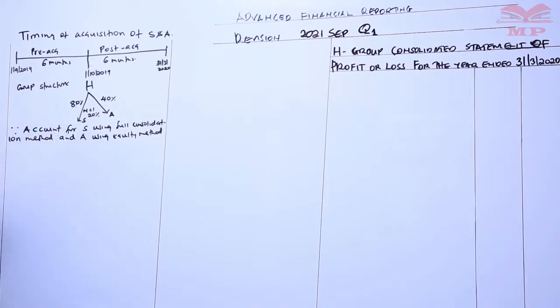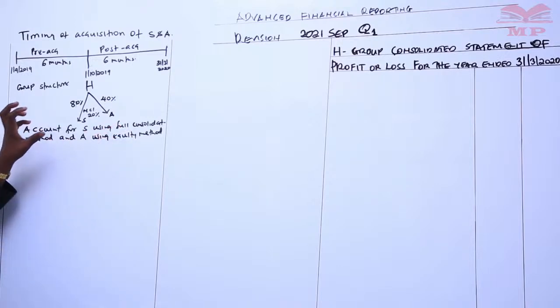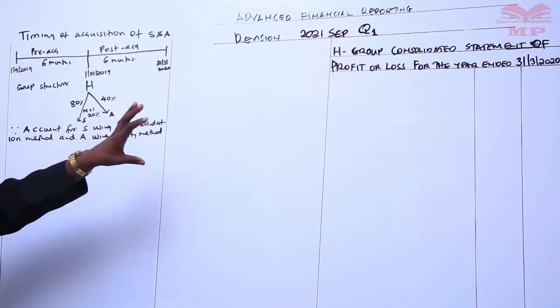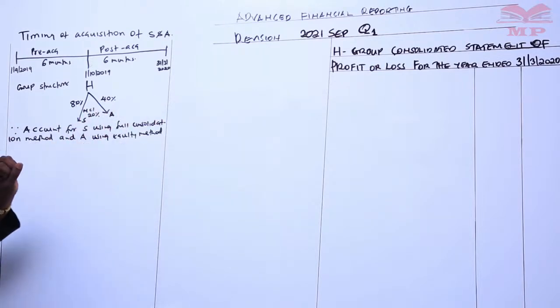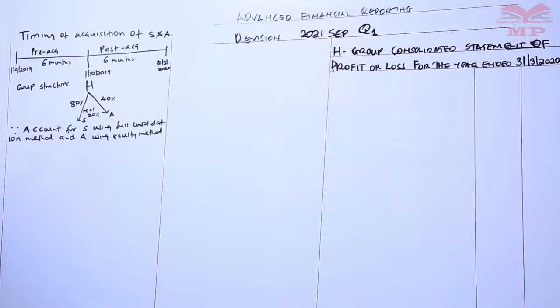And S is subsidiary using full consolidation method. That means that H is having control, full control in S. So when accounting or consolidating the financial statements, do not forget to demonstrate this principle.